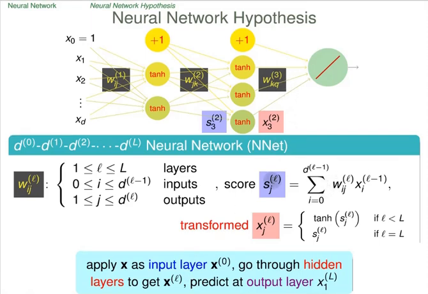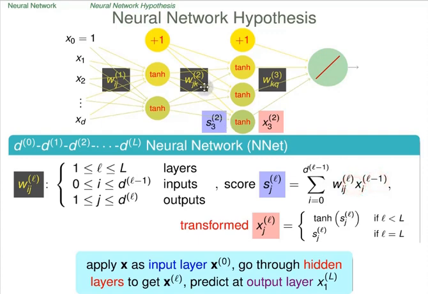We also have the score at each layer, defined by s superscript l. The score usually is defined before passing through the hyperbolic tangent. This is the inner product between weight and input.